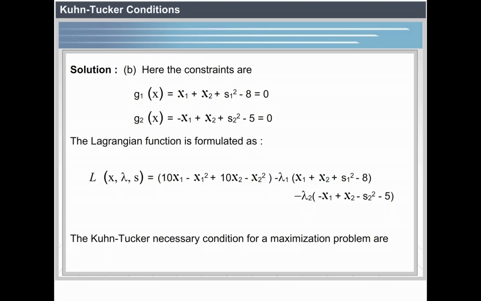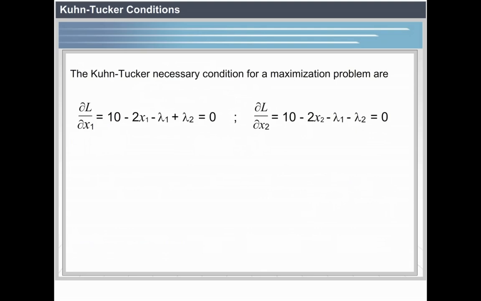The Kuhn-Tucker necessary conditions for a maximization problem are ∂L/∂x1 = 10 − 2x1 − λ1 + λ2 = 0. ∂L/∂x2 = 10 − 2x2 − λ1 − λ2 = 0.